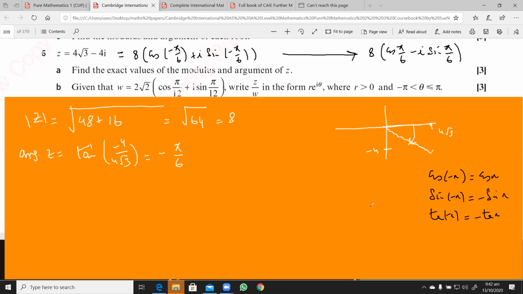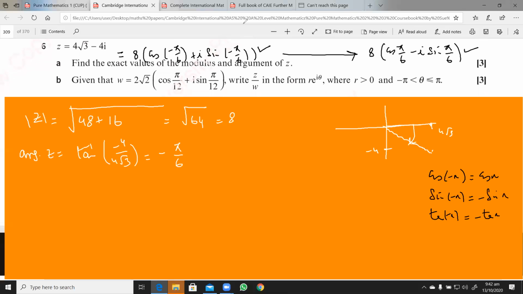Okay, so why should I prefer this form or this form for the B part? The left hand side form or the right hand side form? Look, when you will have to multiply them, look at this.